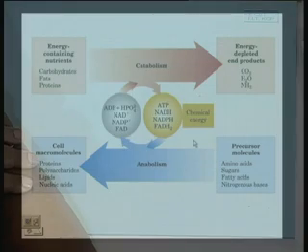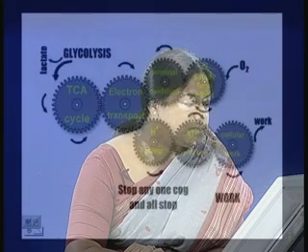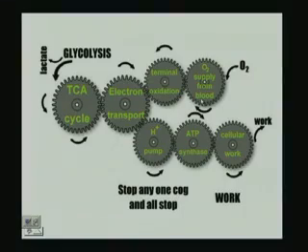Now, if we look at the whole process, it is extremely interesting. This is like a gear system. We have the process of glycolysis, which we are going to study in our breakdown of glucose in the metabolism that we are studying. The glycolysis leads to the TCA cycle, which is the tricarboxylic acid cycle.